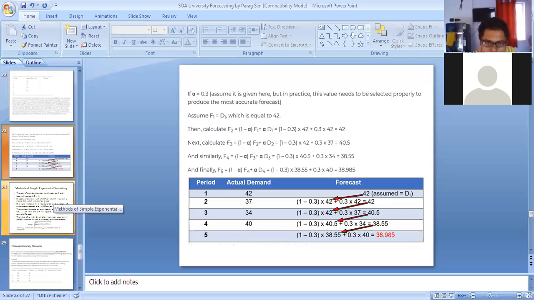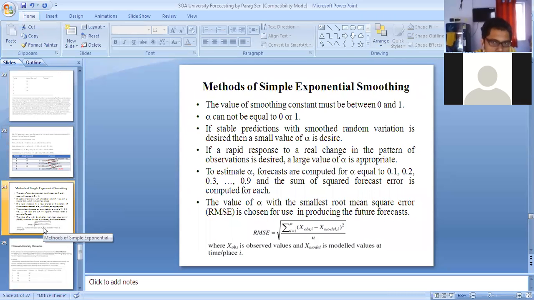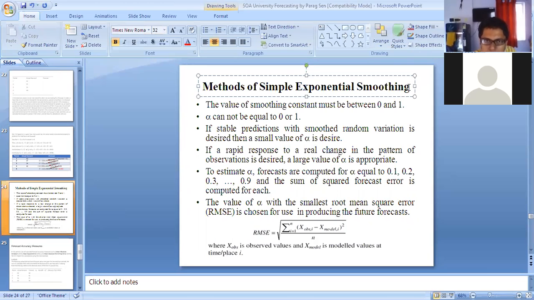Now another question is how can you choose the alpha value. So how to choose the alpha value?